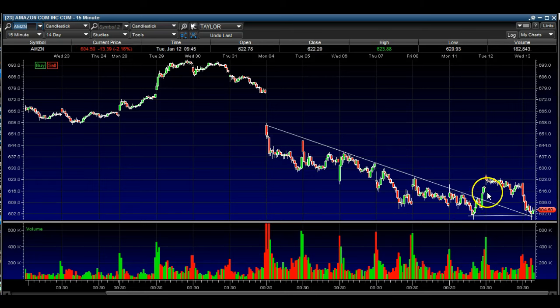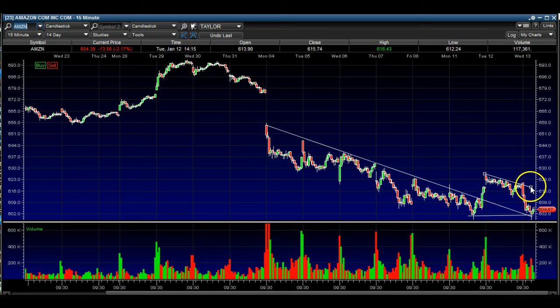Another thing I'm looking at is this downtrend line over here. So if we can break over that, and as you can see, it's a very similar angle to this downtrend line over here. So another reason why I really like it.